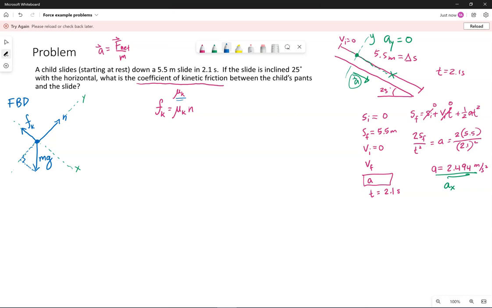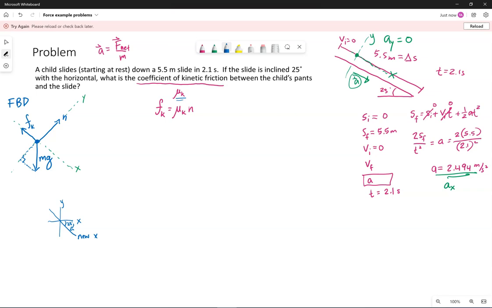Now, the reason I'm drawing my triangle on that side, just as a reminder: my original typical Cartesian coordinate system, I've rotated it by 25 degrees, the angle of the incline, to get this new x-axis.